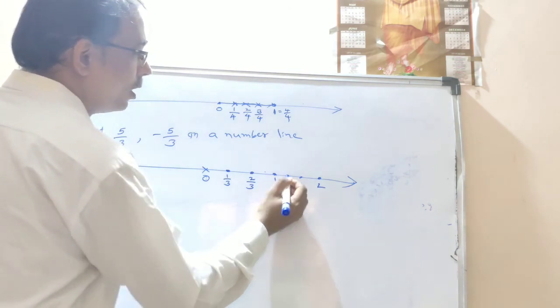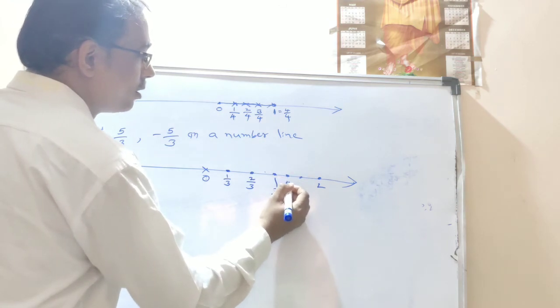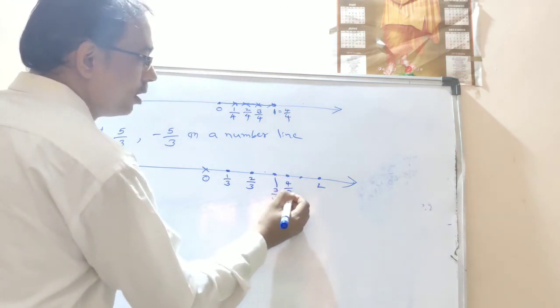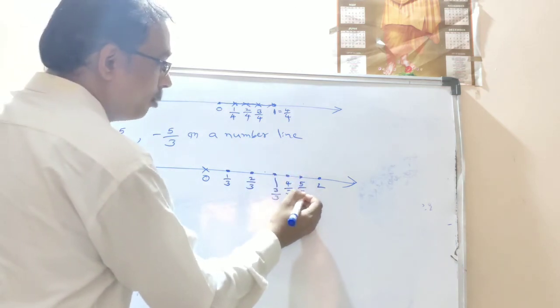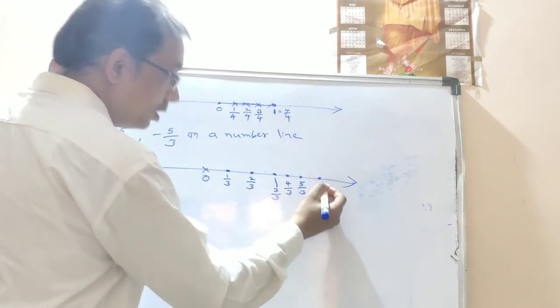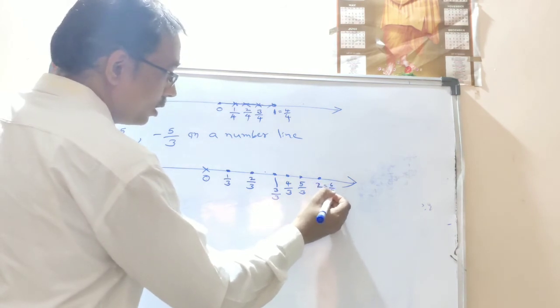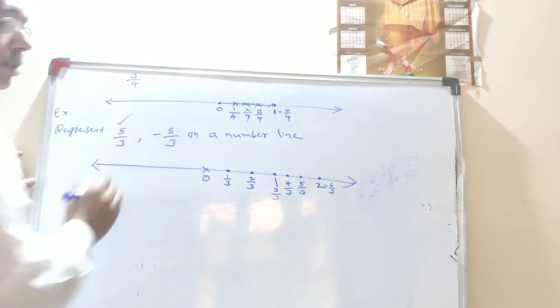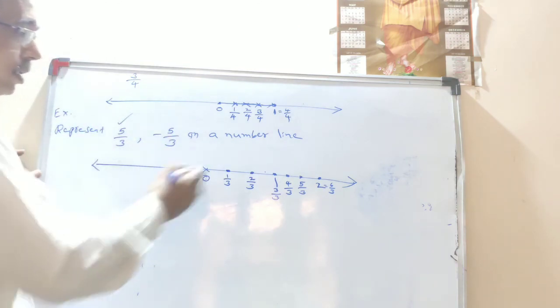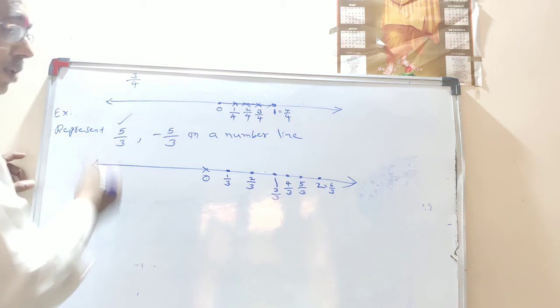After 3/3 you can write immediately 4/3, and after 4/3 you can write 5/3, and after 5/3 you reach 2, that is 6/3. On the right side of 0 we are getting plus 5/3.